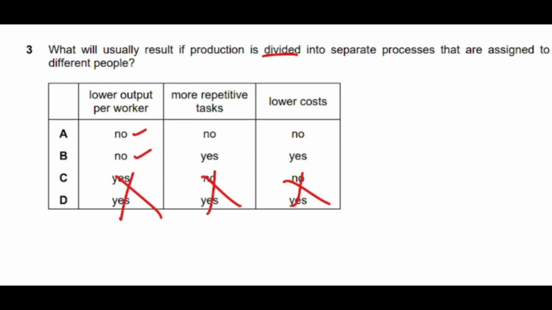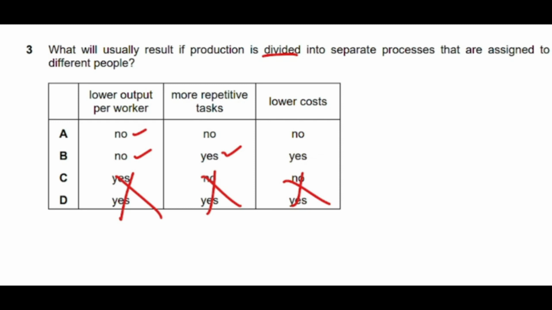because when production is divided into separate processes, each worker will specialize in one process and his performance will increase, so output per worker will increase instead of decreasing. The examiner is saying lower output per worker, so that will not happen, so no. More repetitive tasks, definitely when a task is divided into different parts, then one person will repeatedly keep doing the same thing.